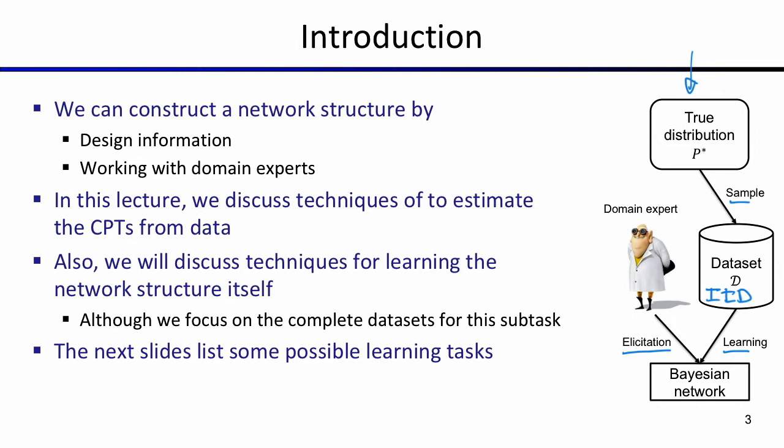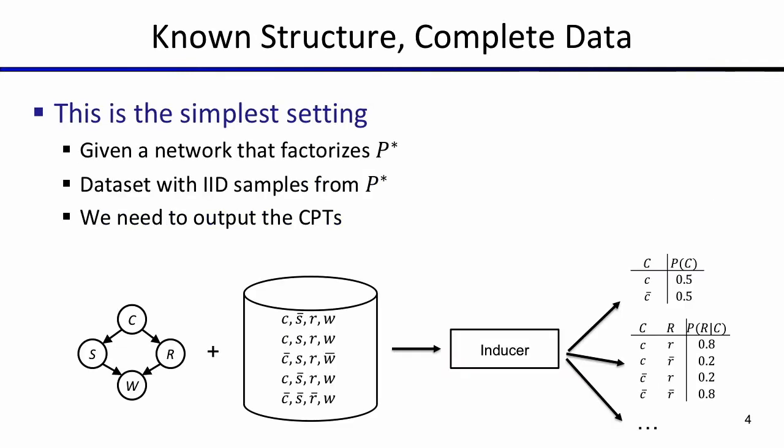In the next slides, we're going to see a few cases that are very common when we want to learn the Bayesian network. So there are the possibilities of working with structure and parameters. Let's take a look at them. This is the easiest case, and the first one that I'm going to study in this lecture. It is called the known structure and complete data.